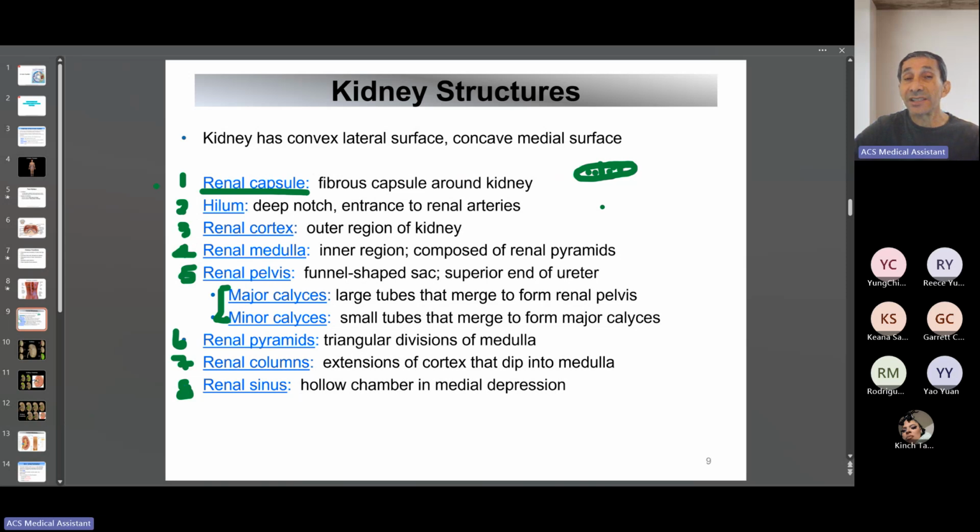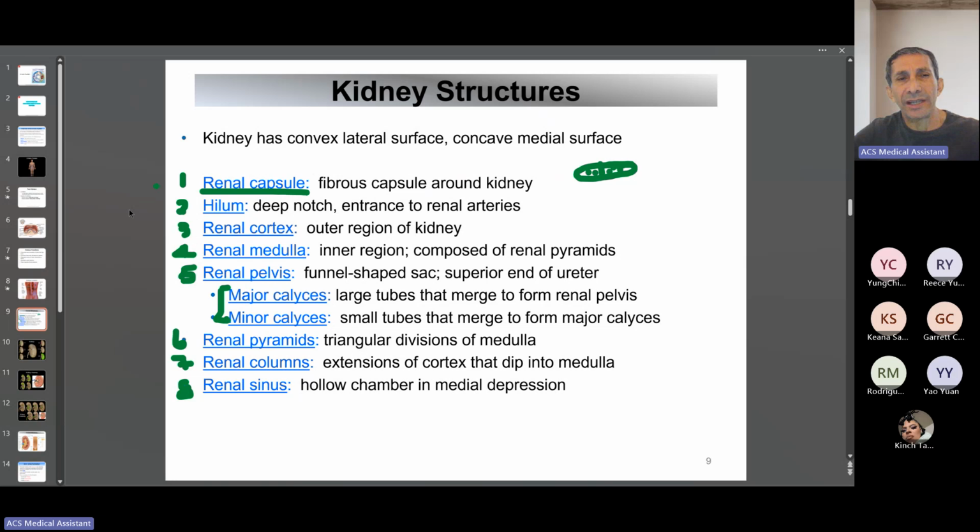But because it contains this capsule, it's just like a cushioning on the outside, it prevents these organs from being damaged from the regular activities that we do, all the minor traumas that happen to us. So this will be the capsule.